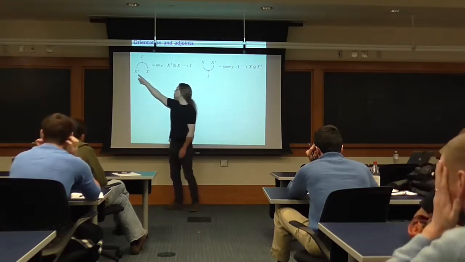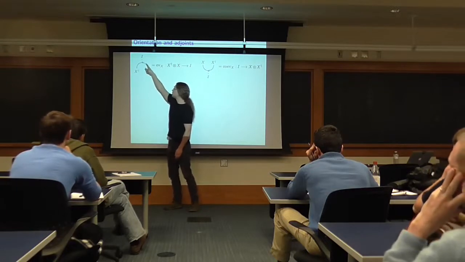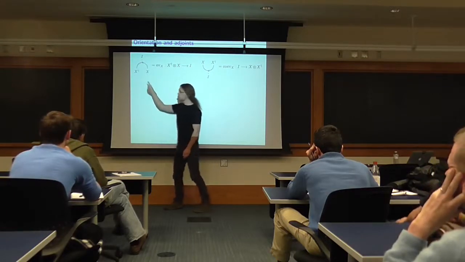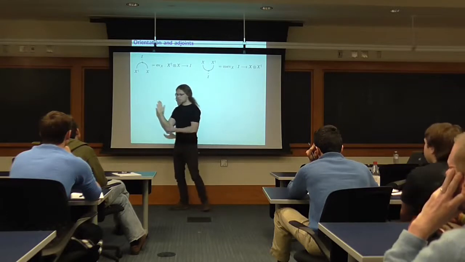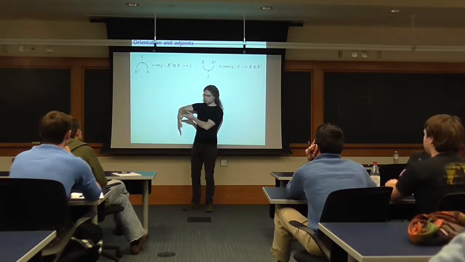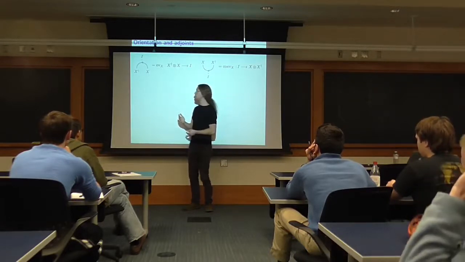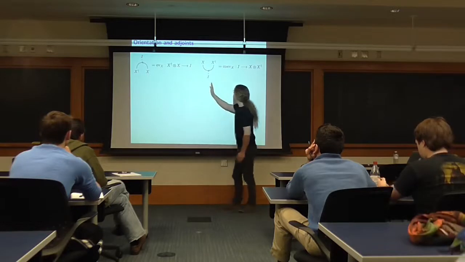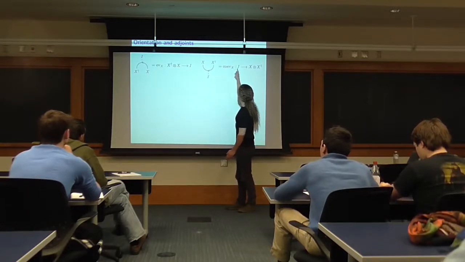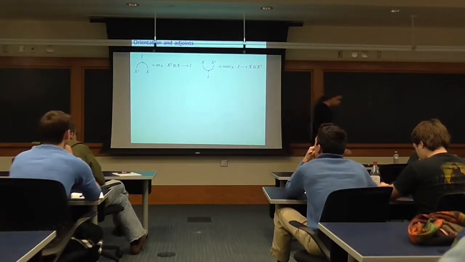So this will be a map from something tensor X to the identity, because we don't see it. And this something should be the same defect condition as X, but only with the orientation reversed. So dagger means orientation reversal for defects. Similarly, here this is a map from the identity to X tensor its orientation reversal.